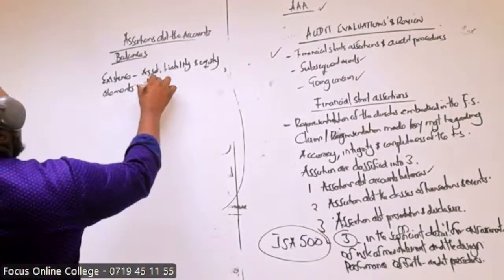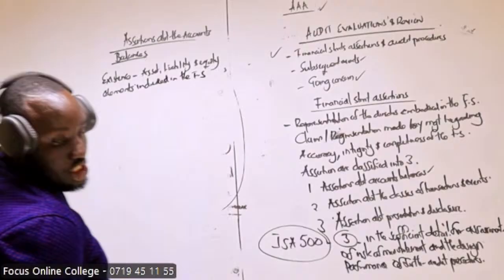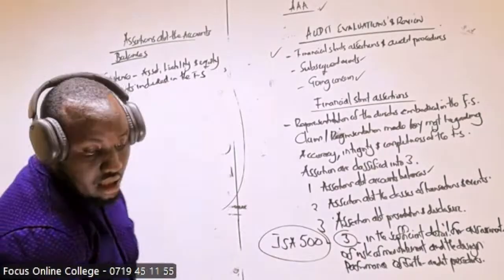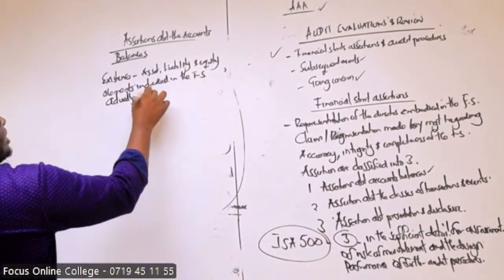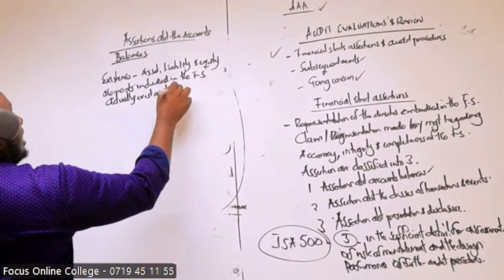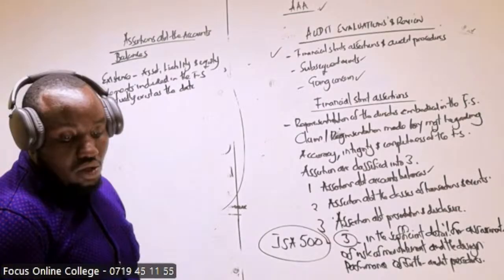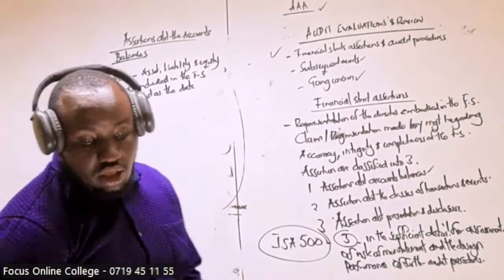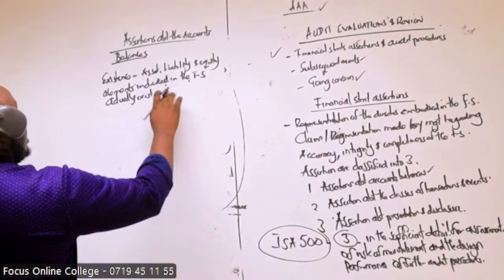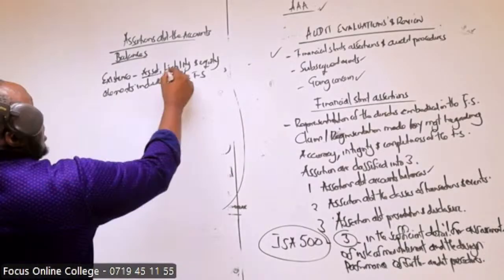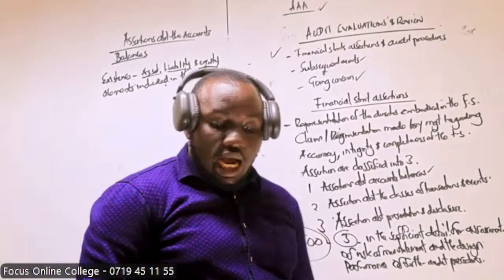Assets, liability, and equity elements included in the financial statement actually exist as at the balance sheet date.